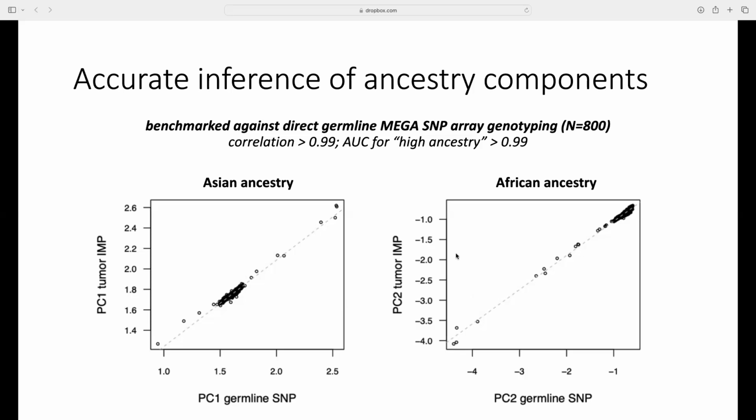And the inference that we get from this incidental tumor imputation is basically perfectly consistent with the inference that you would get from an actual germline SNP array, which is the ground truth for measuring this variable. So this is something that we can get with very high accuracy from this off-target data.